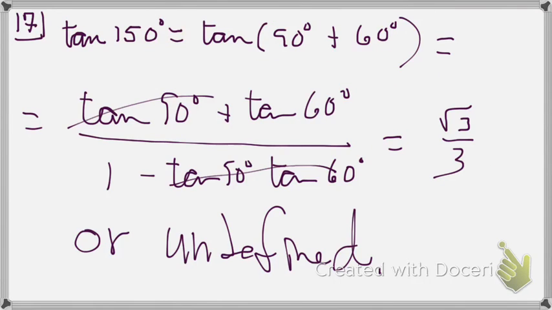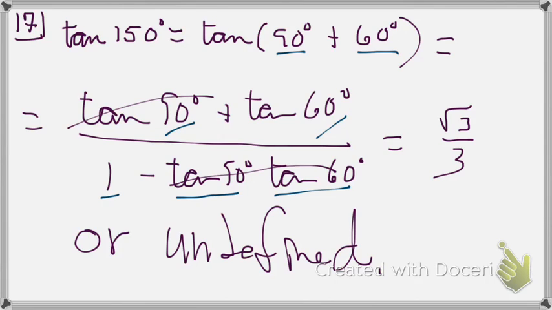Next one I would look at would be number 17. And that's the tangent of 150 degrees. And I thought of that as the tangent of 90 plus 60 degrees. So that becomes the tangent of 90 plus the tangent of 60 degrees, over 1 minus tangent of 90 times the tangent of 60.